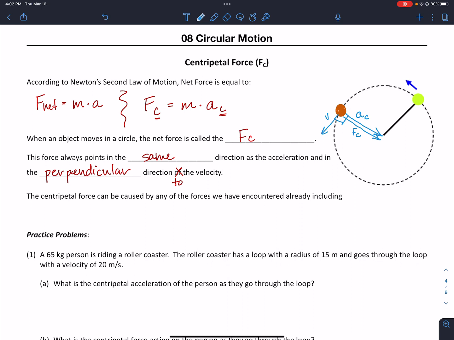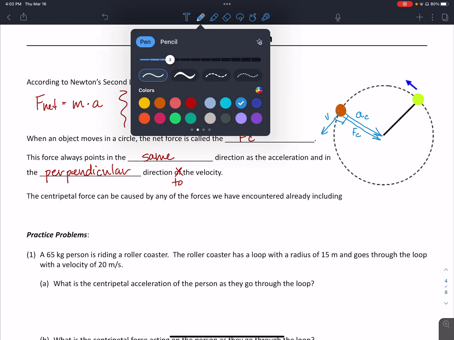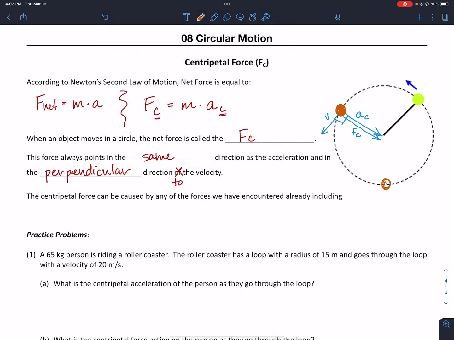And you can see that as you move around this circle, so let's say the tennis ball later is in this position, our velocity will now be moving in this direction, and our acceleration and force values will be pointing in a different direction than they were before.